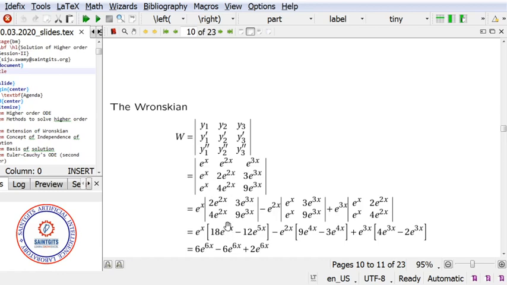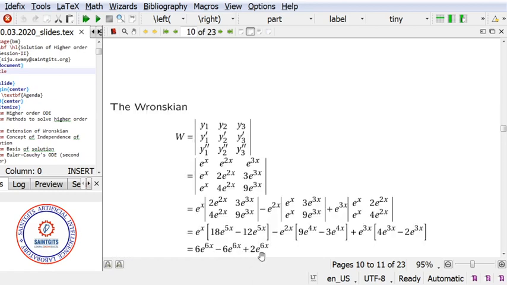Then I expand these 2 by 2 determinants and simplify this expression. I got 6 e raised to 6x minus 6 e raised to 6x plus 2 e raised to 6x. These are same terms. When we subtract 6 e raised to 6x from 6 e raised to 6x, we got 0. So the only answer is 2 e raised to 6x.